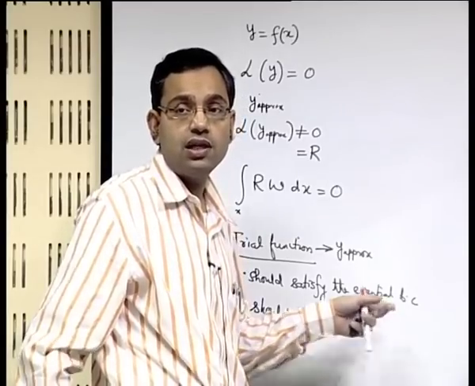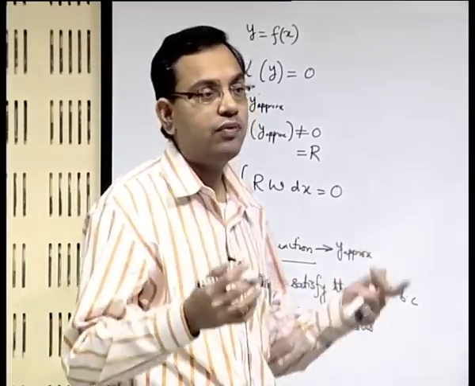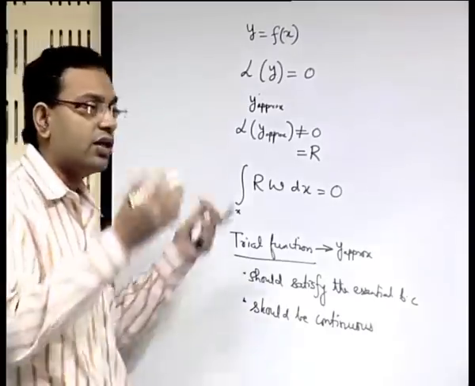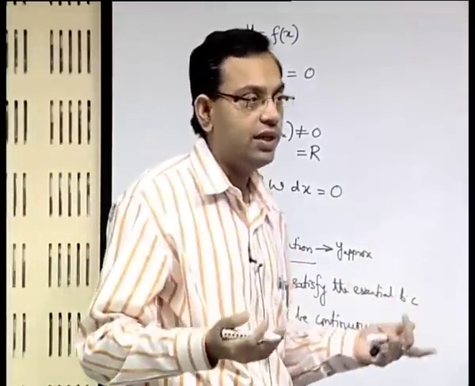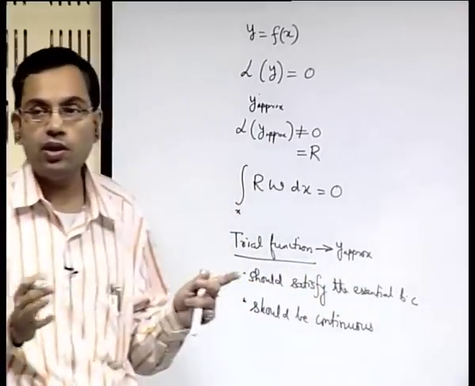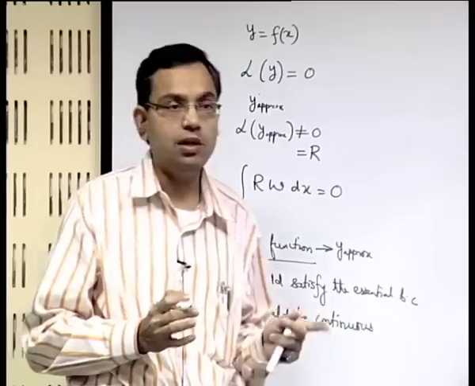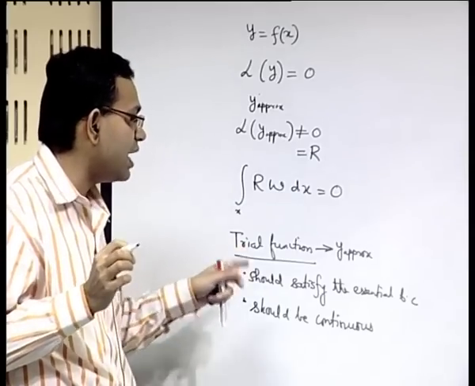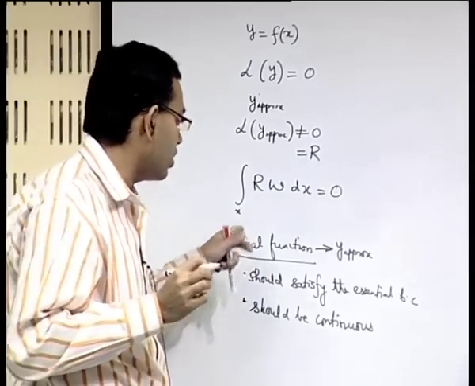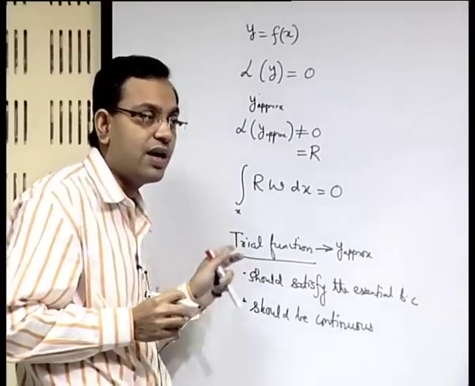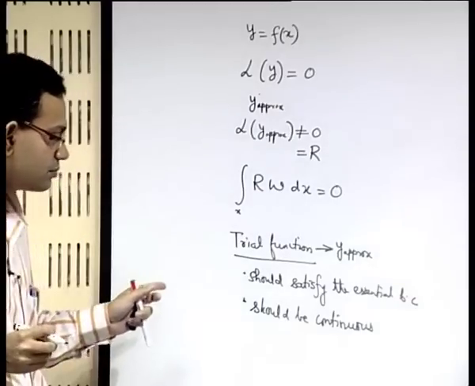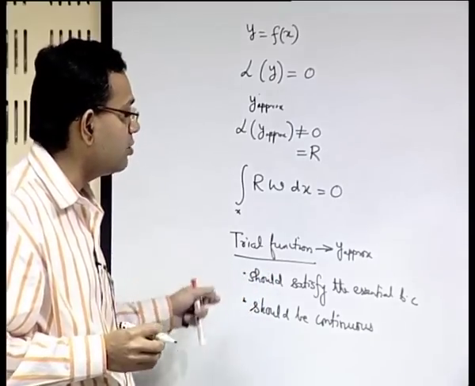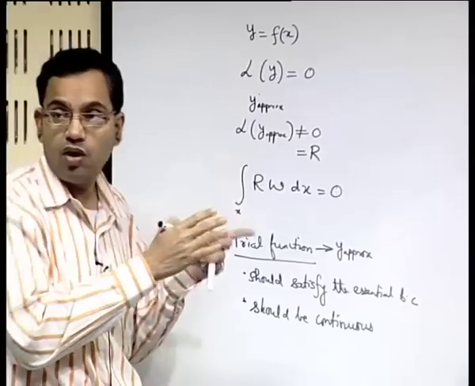Essential boundary condition is basically the value of the variable for a second order problem, as an example. For higher order problems it can also be the derivative, as we have seen earlier through the variational formulation. The choice of the trial function should be such that it satisfies the essential boundary condition. It should be continuous over the domain of the definition of the function.